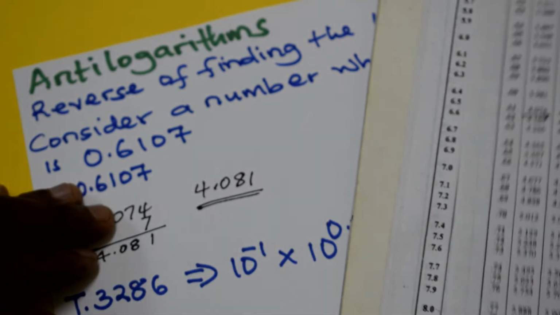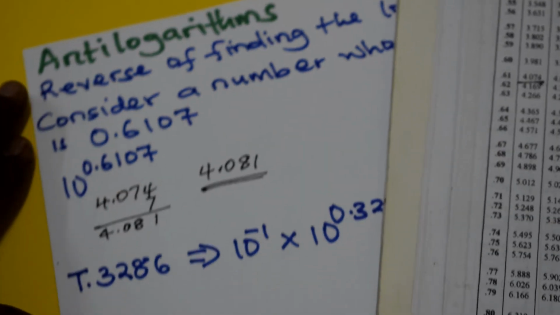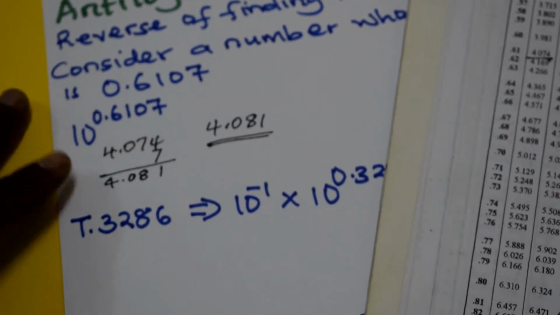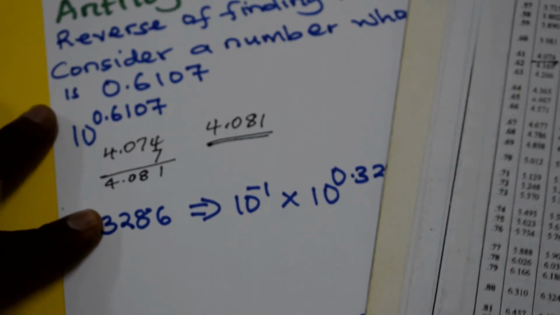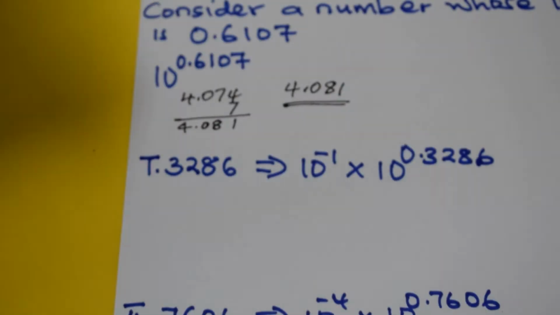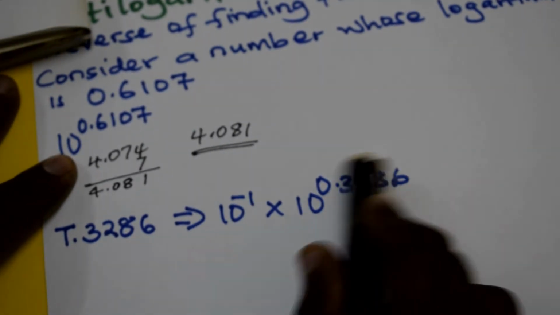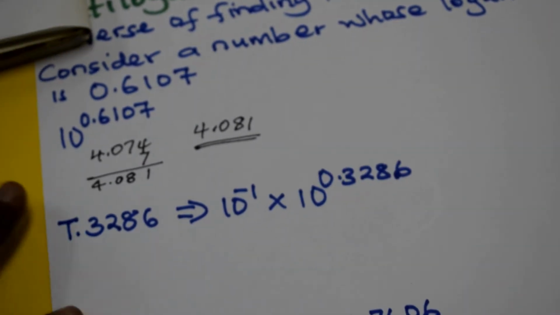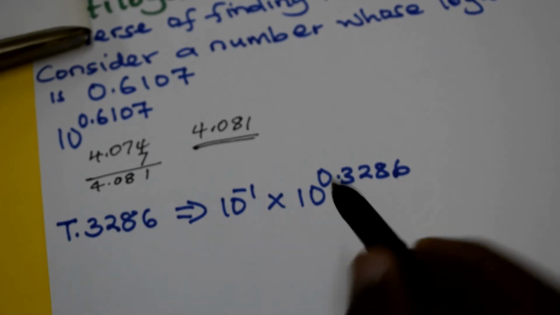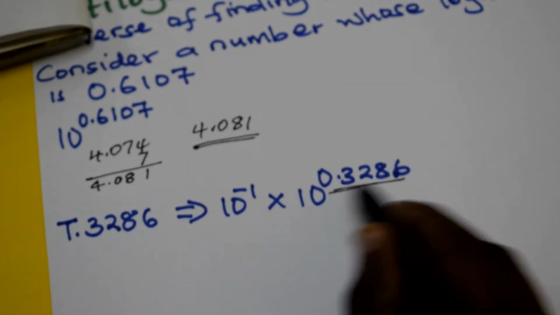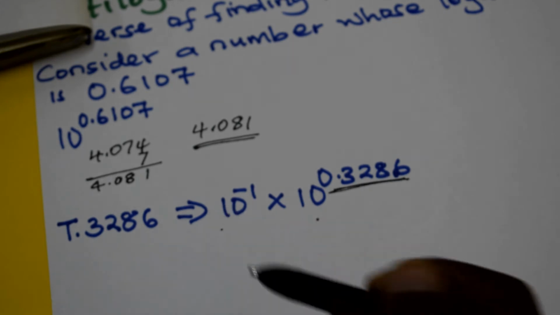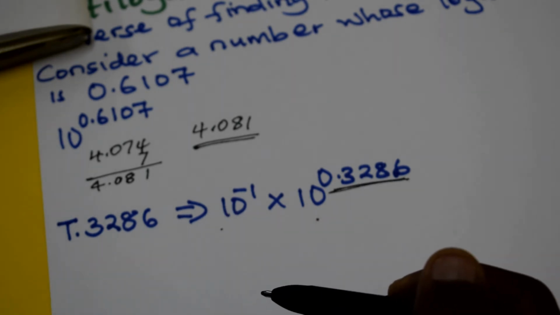So consider bar 1.3238, and this is the same as 10 power negative 1 times this number which we call 10 power x. So we find the anti-logarithm of this one to give us the number, then we multiply it by 10 power negative 1.